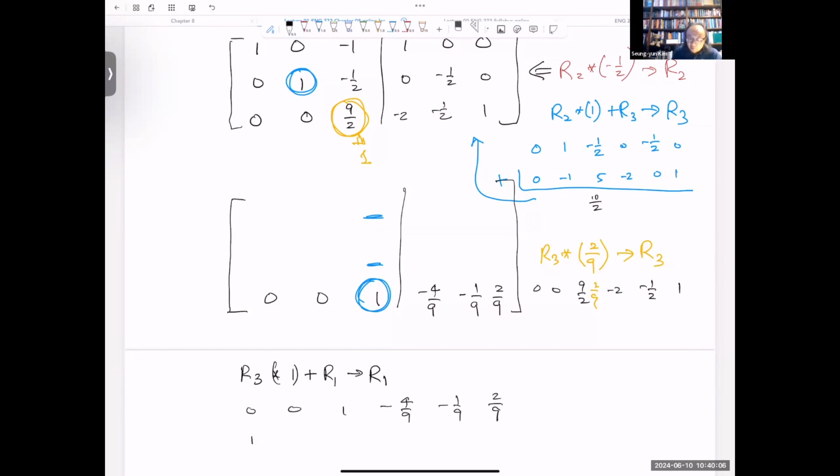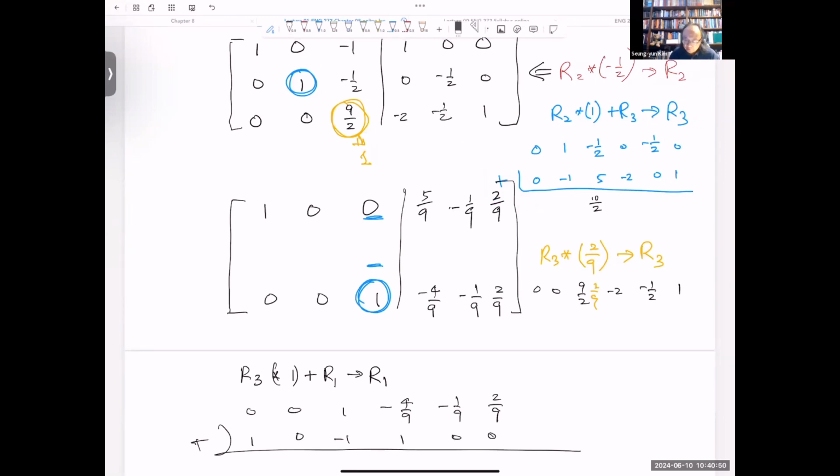R1, we have 1, 0, negative 1, 1, 0, 0. We add, then 1, 0, 0. And then 1 equals 9 over 9, so it's going to be 5 over 9. And then negative 1 over 9, 2 over 9.